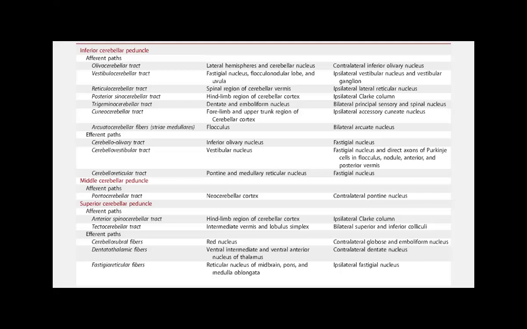And the superior cerebellar peduncle is composed predominantly of efferent pathways, that is the cerebello-rubral fibers and the dentatothalamic fibers, along with fastigio-reticular fibers, whereas it can have small afferent pathways like anterior spinocerebellar tract and tectocerebellar tract.